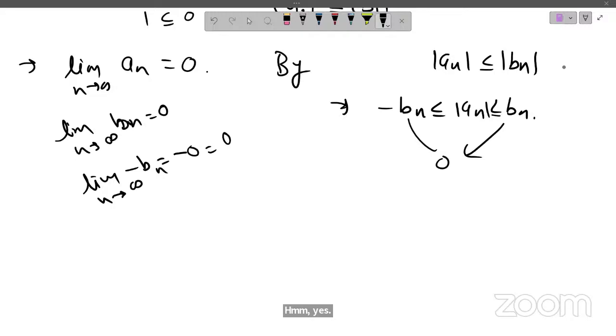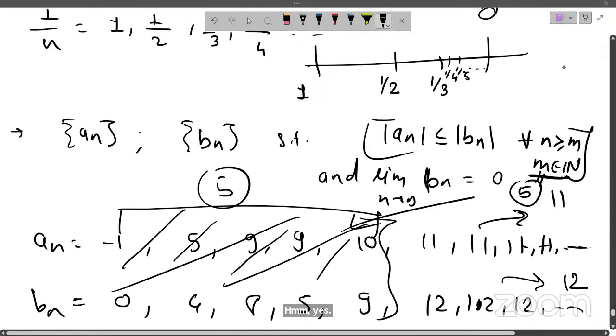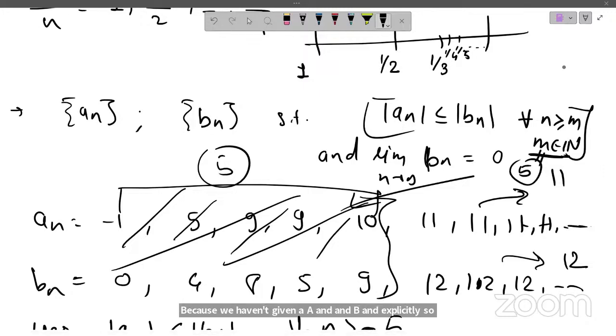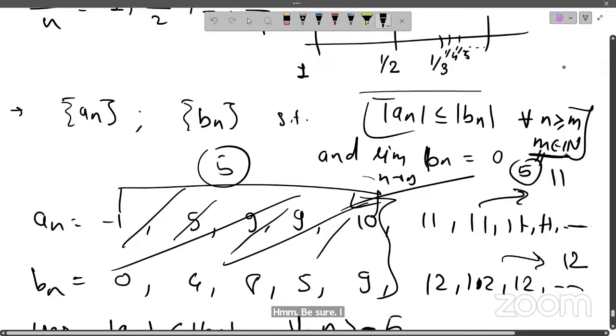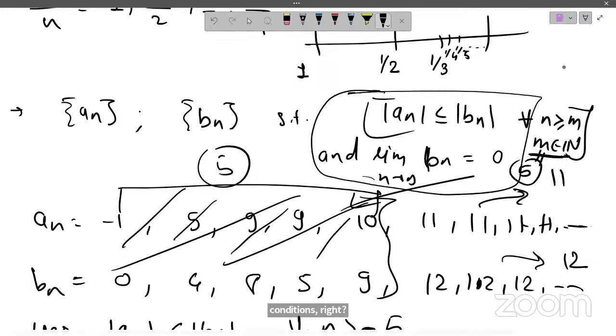Other than the sandwich theorem, I don't know, because we haven't been given an and bn explicitly so that we can work with an. We all have dependency on bn. Anyway, we have to use these two conditions to get the limit of en.